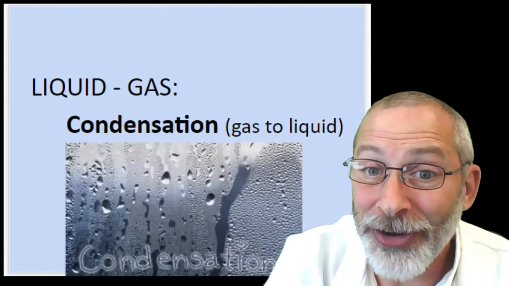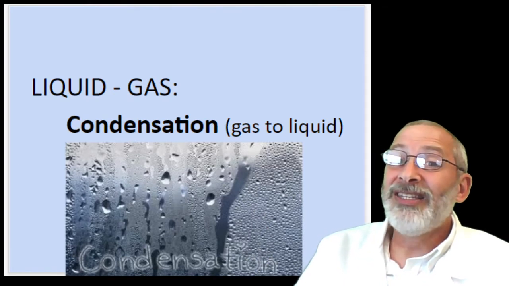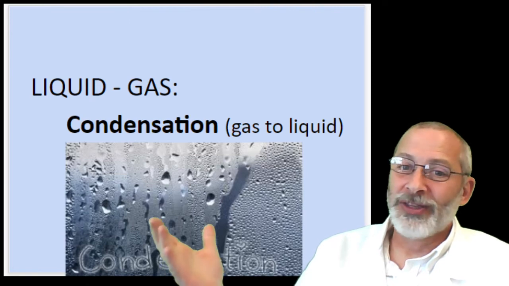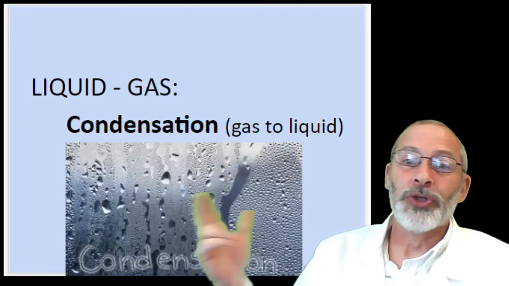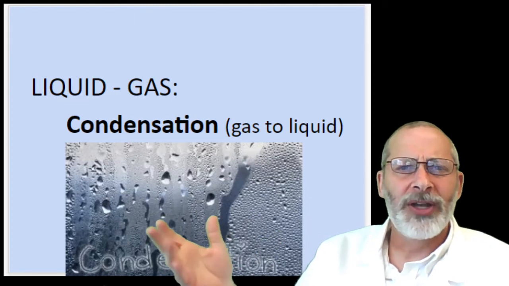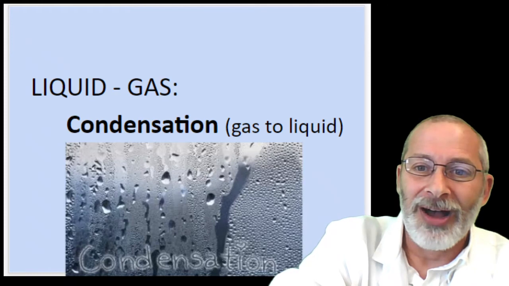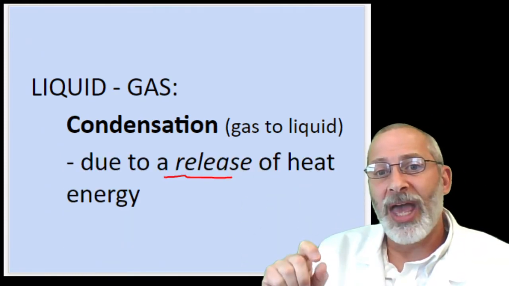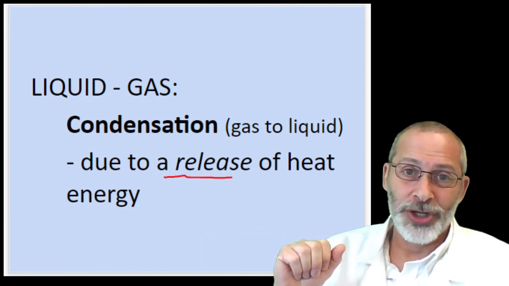So let's take that in reverse. The reverse of that is called condensation. Condensation, you see this all the time, this time of year when it's cold outside, but it's warmer inside, especially in a school bus or a car. You can get condensation building up on the glass. And condensation is due to a release of heat energy.